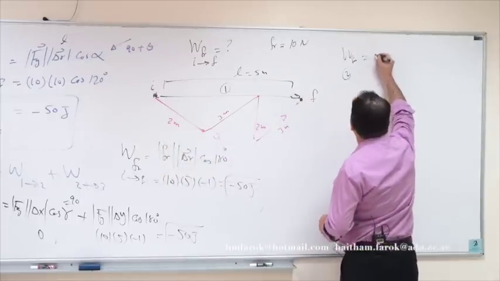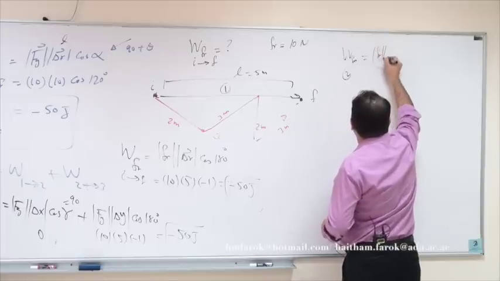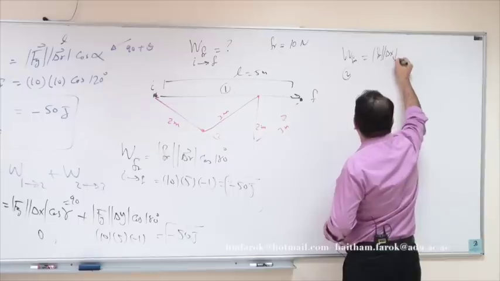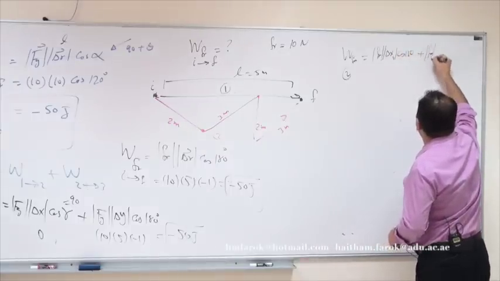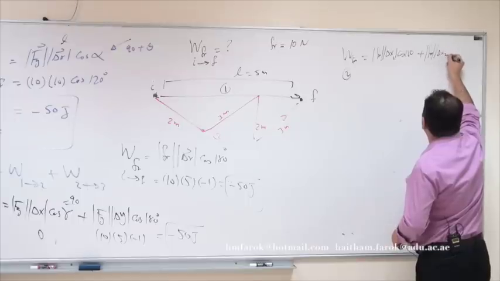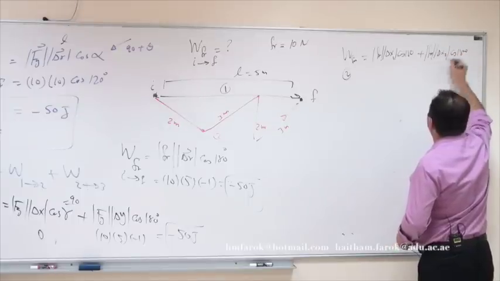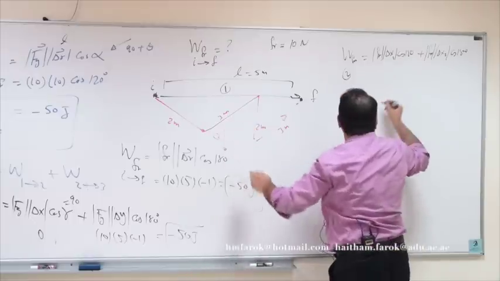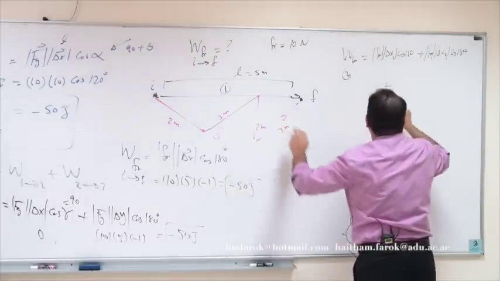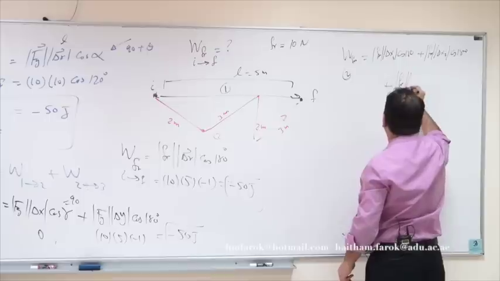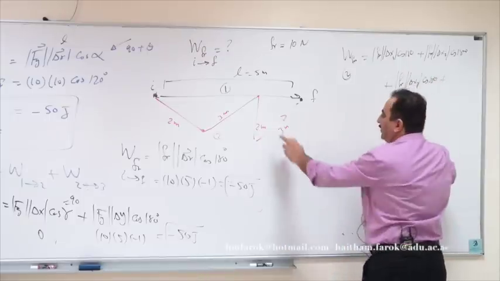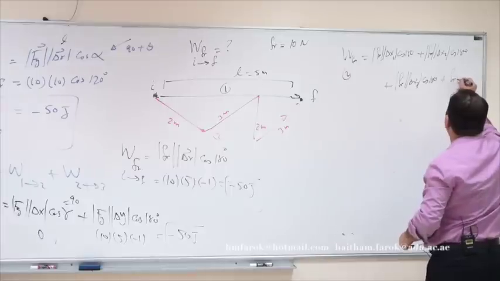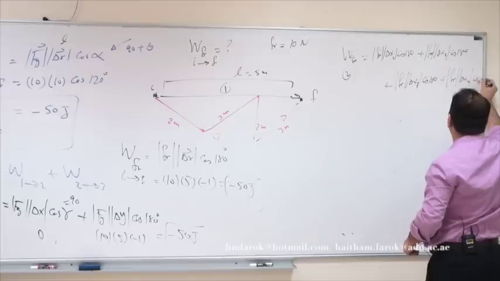So the first part is FR delta x1 cosine 180 plus second FR delta x2 cosine 180 plus FR delta x3 cosine 180 plus FR delta x4 cosine 180.